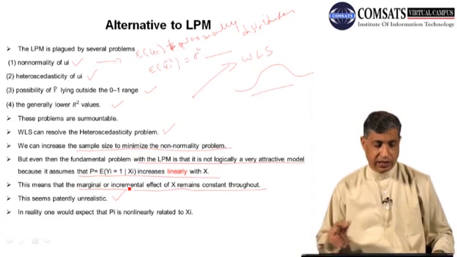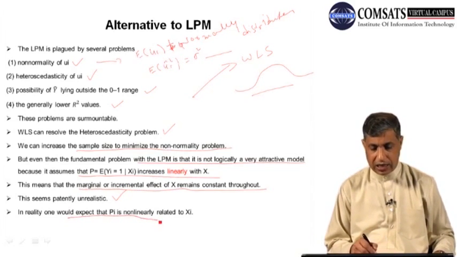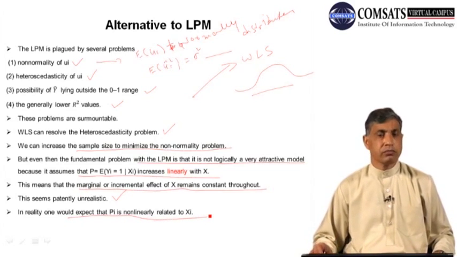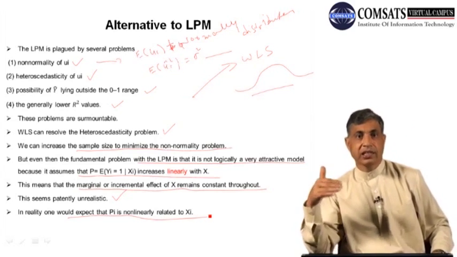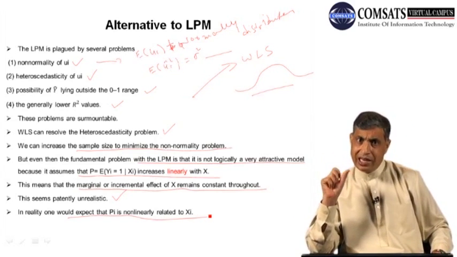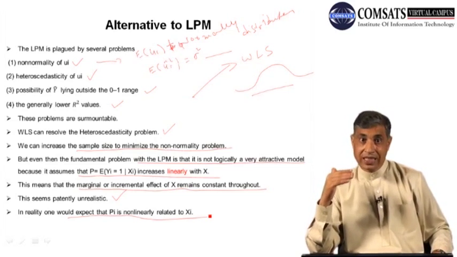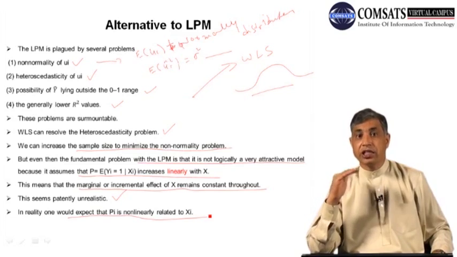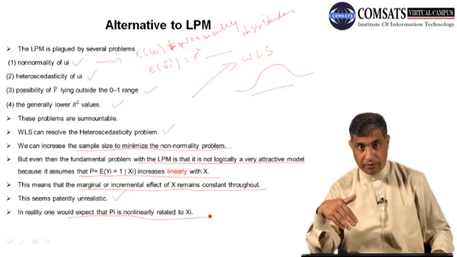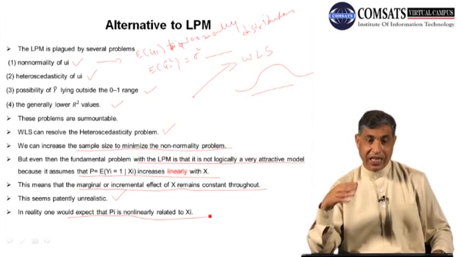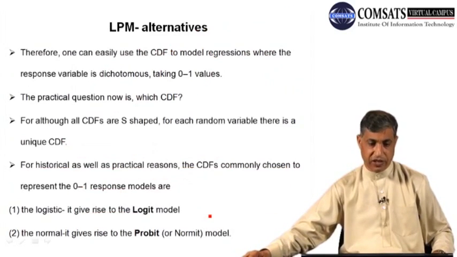And if it is unrealistic, in reality one would expect that Pi is non-linearly related to X. By assumption it is okay that this is linearly related, but in reality we will come to know that this is not the situation. So despite the fact that many problems of the linear probability model can be overcome, we will still say that it is not a good model.